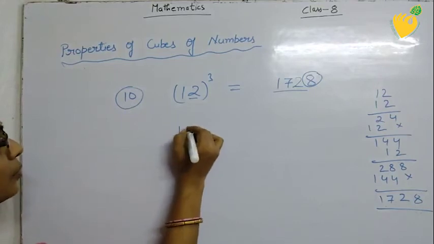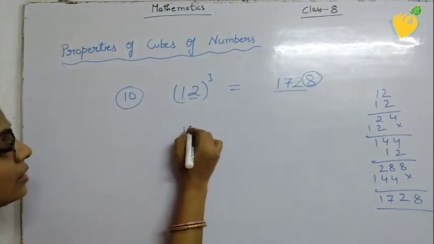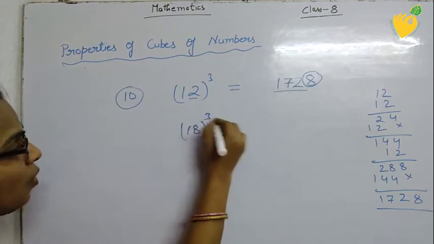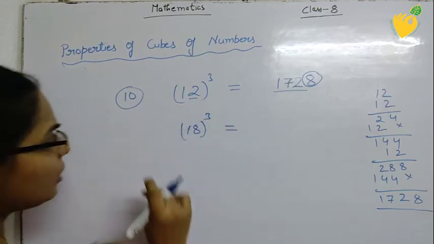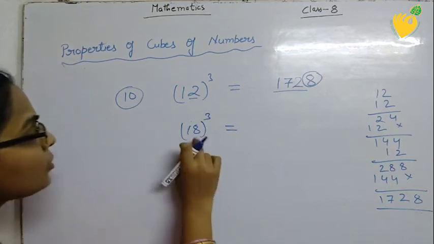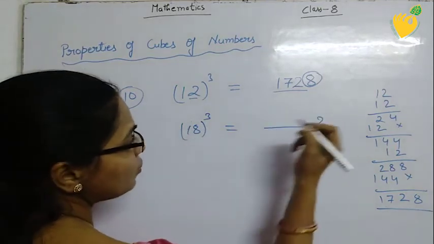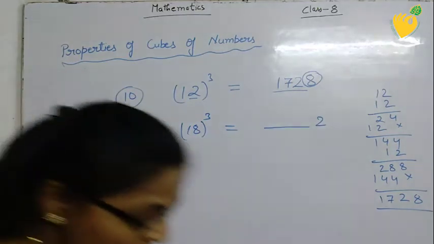And in the reverse way, take any number, 18. Suppose any number which ends with 8, then the cube of this number will end with 2. If you want to check it, you can check it also.